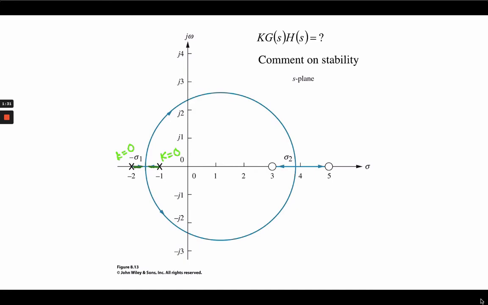We can say that at this location, the system is overdamped, and zeta is greater than 1.